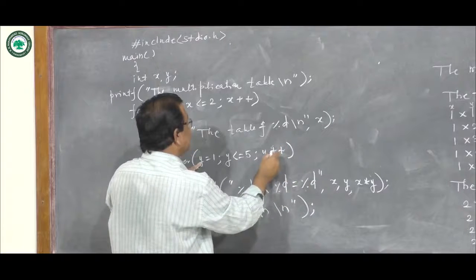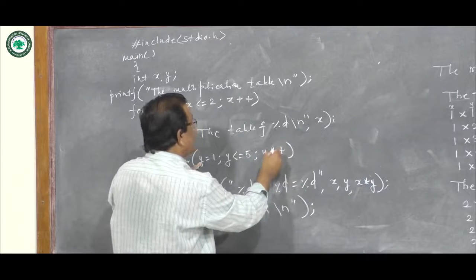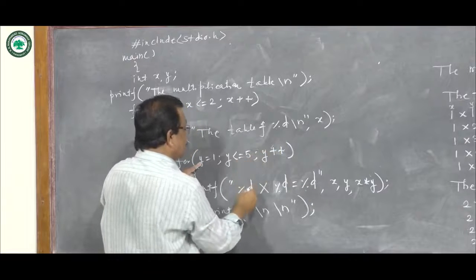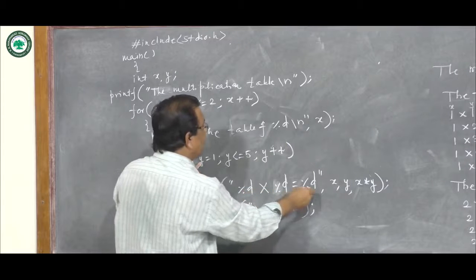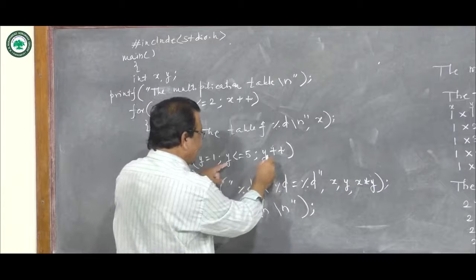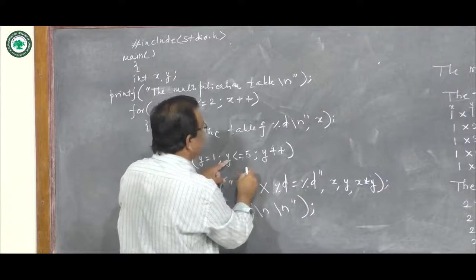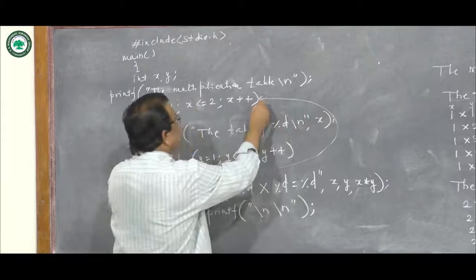Goes back, becomes 3, the condition is true, 1 multiplied by 3, 3. Goes back, becomes 4, the condition is true, 1 multiplied by 4 is 4, and so on. When y becomes 6, then the condition is false, the loop is terminated and it goes back here.